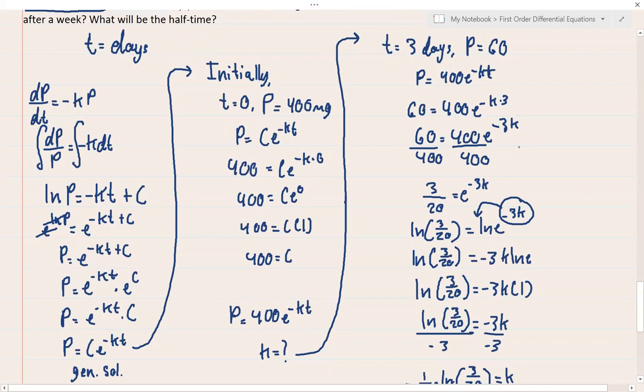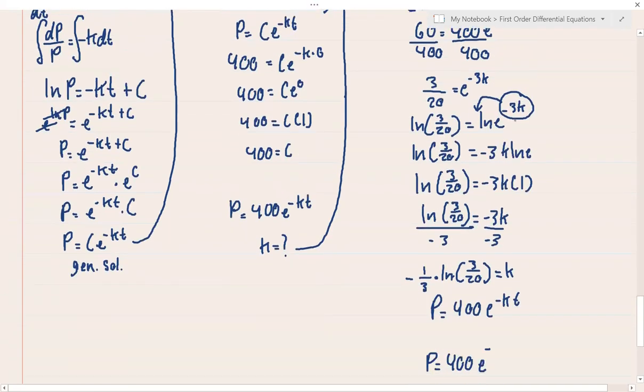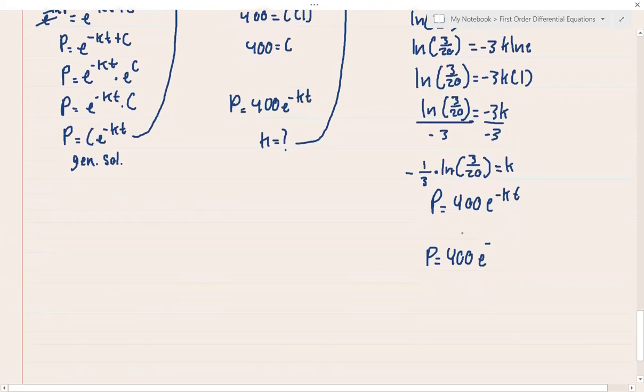Maybe I might be wrong. 3 times negative k. Aha, tama. Sorry, just making sure. So negative times negative 1/3 times ln of 3 all over 20, times t.